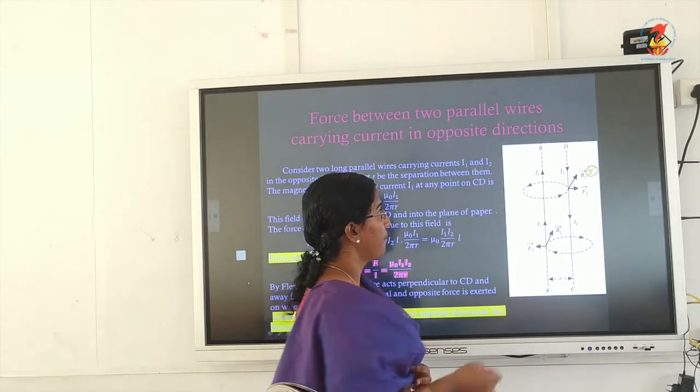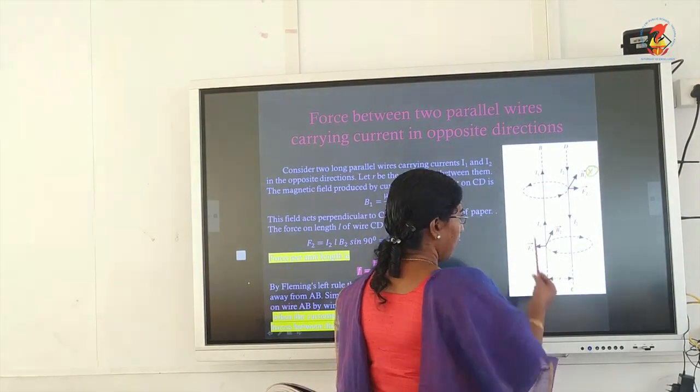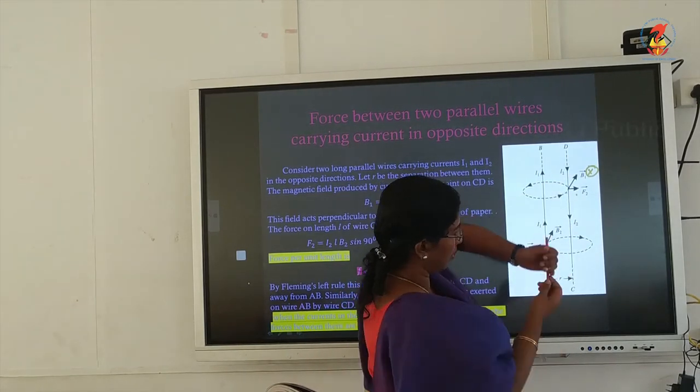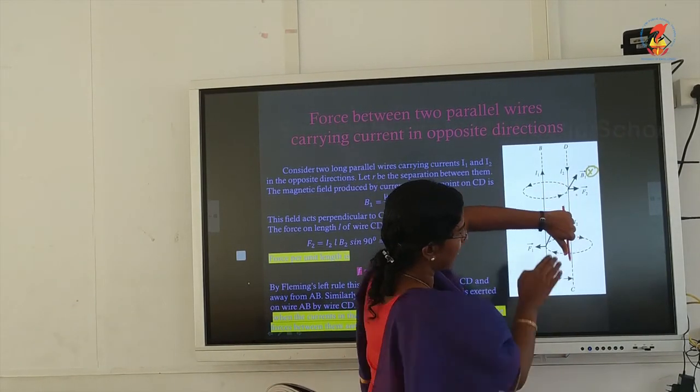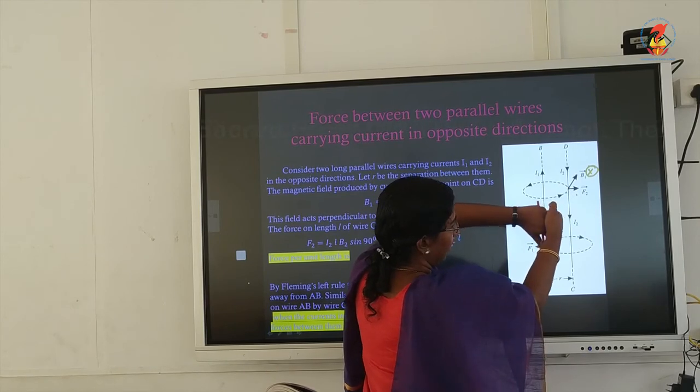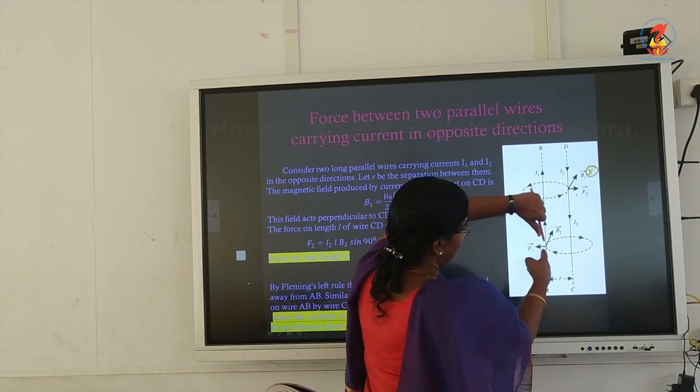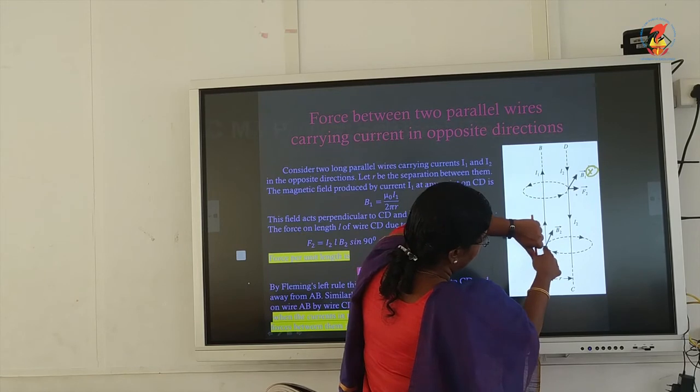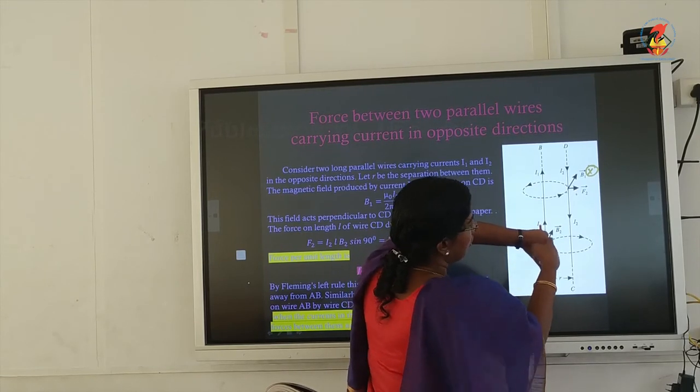In a similar way, conductor CD is also carrying a current in the downward direction like this. It is having a field around it, and at this particular point, you can see the field is going into the board.